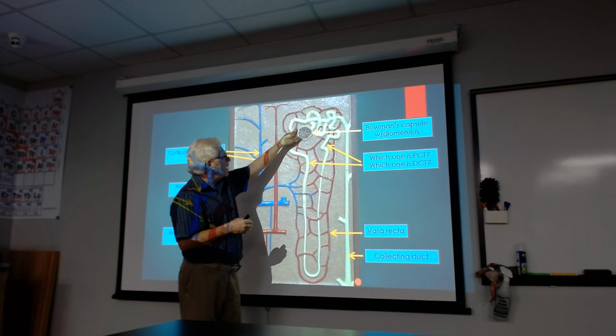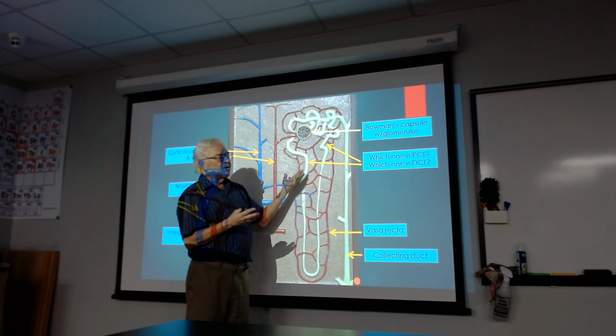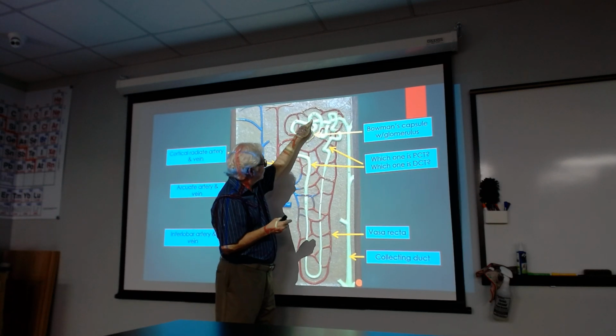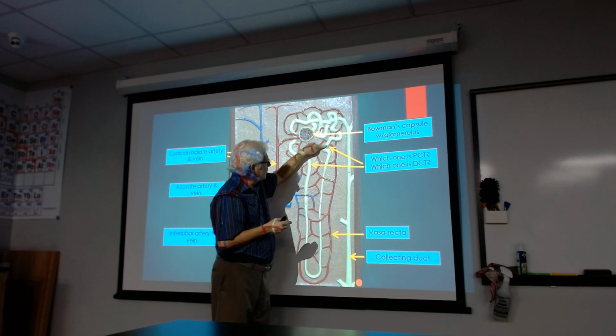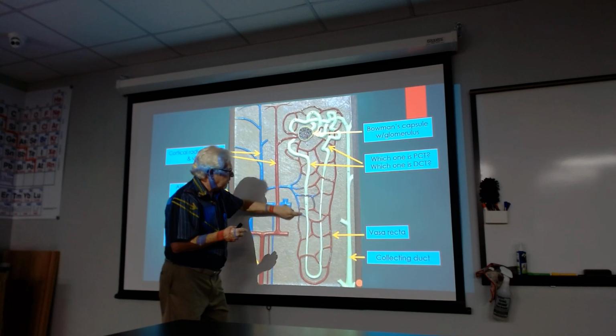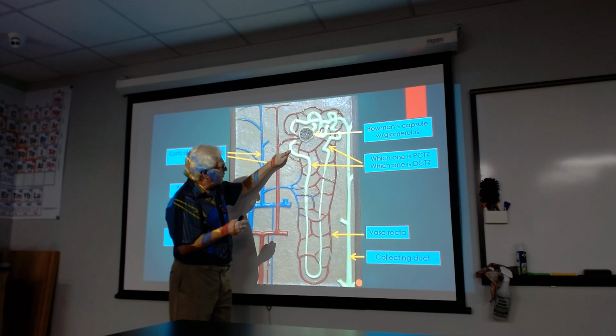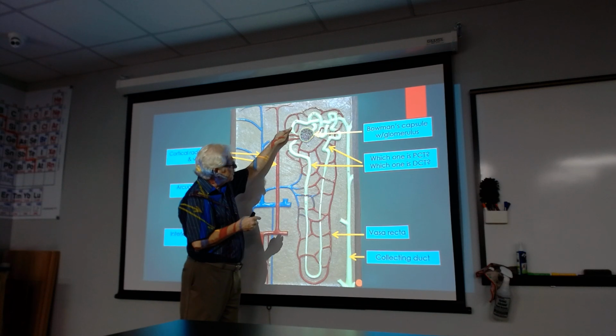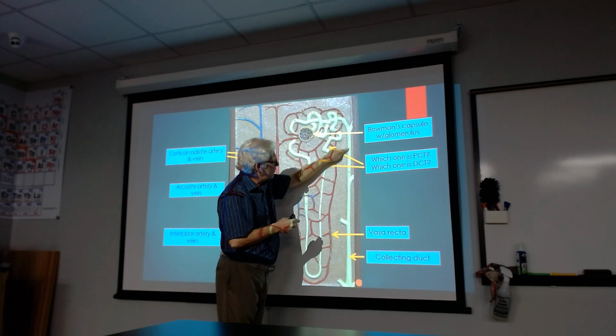Glomerulus is on the inside. That's the Bowman's capsule. Since all these tubes are the same color, you just have to follow along. See how this is the proximal tube, comes out, so this is the descending loop of Henle, ascending loop of Henle. See how it comes back to the Bowman's capsule? That's your distal tube, and it's going to go to the collecting duct.